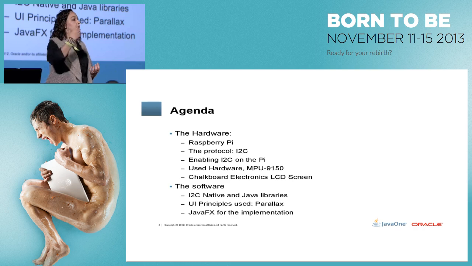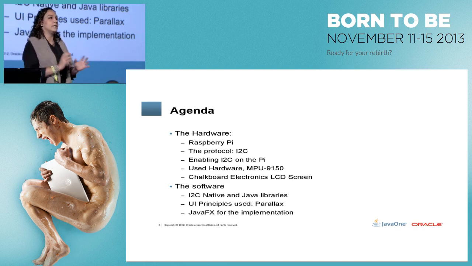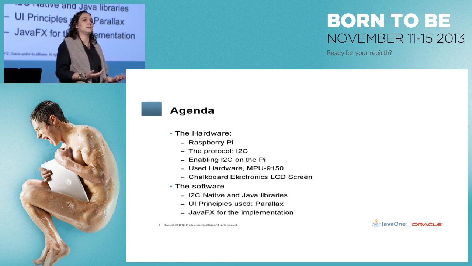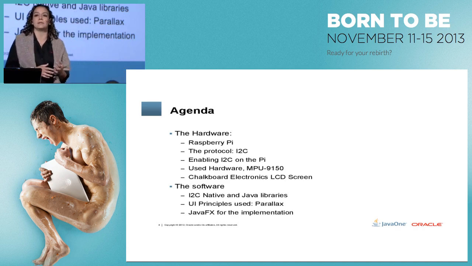Because I was thinking of connecting sensors, that's the first thing that comes to your mind: I can use Device Access APIs and connect to I2C, very easy to communicate. But the problem with that is I won't have a nice UI. I was looking for something powerful, like being able to use JavaFX. Because this is going to be focused on UI, I really need a nice UI. I really want to use JavaFX.